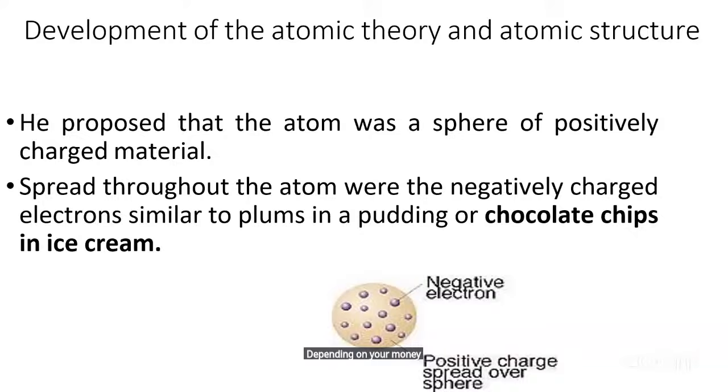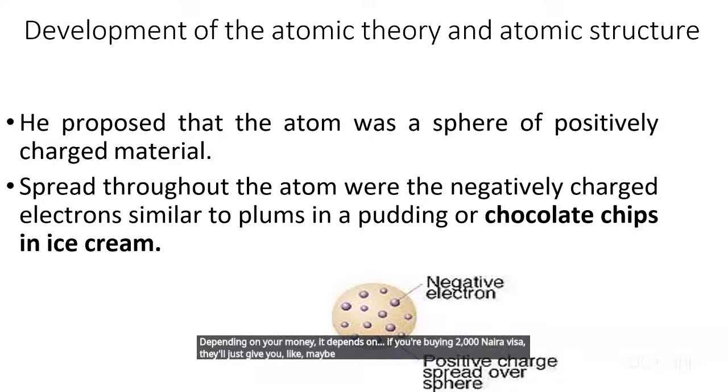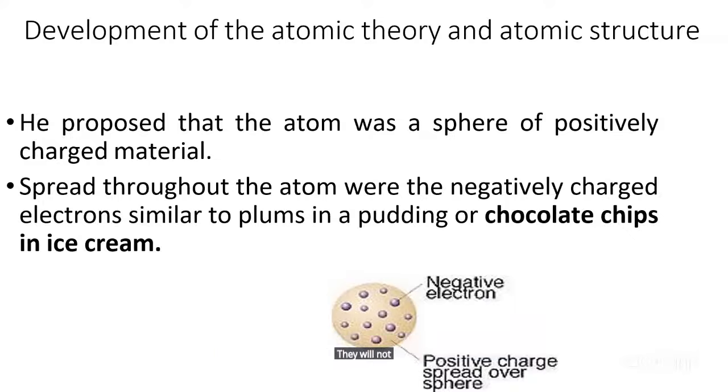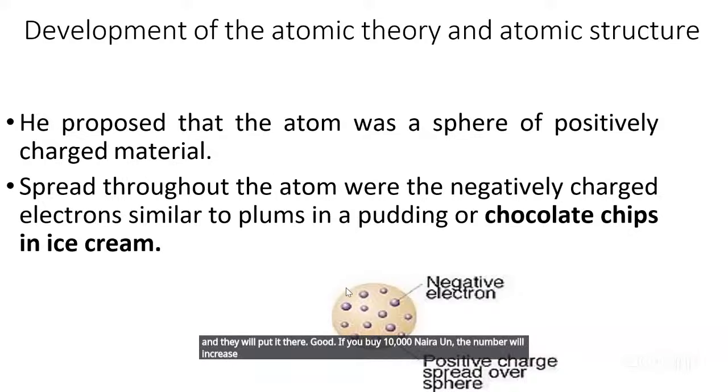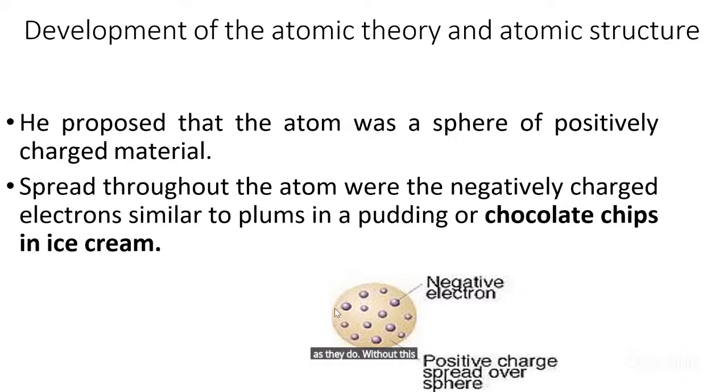If you're buying a 2,000 naira pizza, they will just give you maybe five pieces on it. If you buy a 10,000 naira one, the number will increase. But just picture the dough without the things inside.